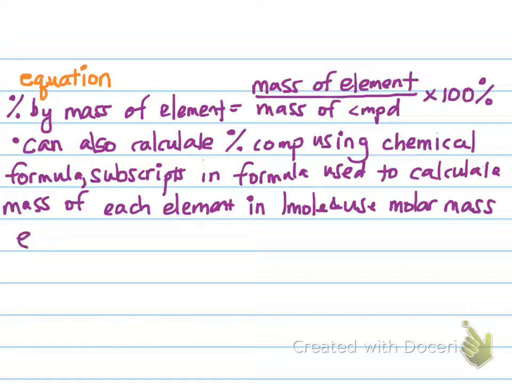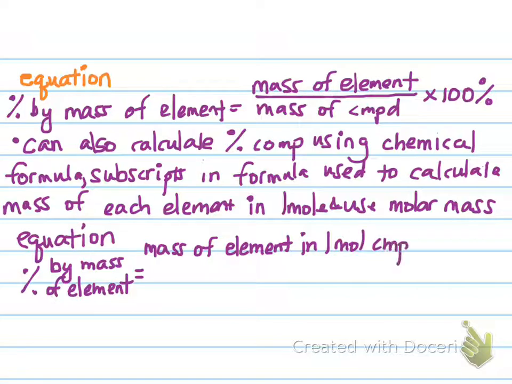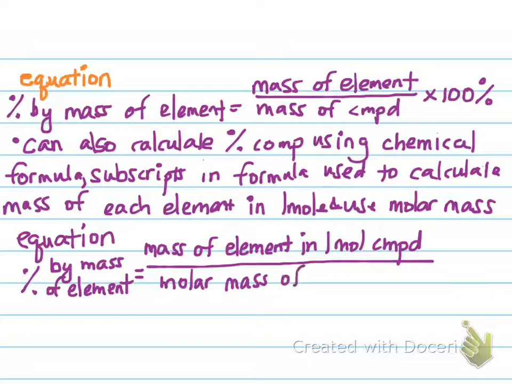So what this looks like in equation form is that the percent by mass of an element equals the mass of the element in 1 mole of compound divided by the molar mass of the compound, still times 100%.